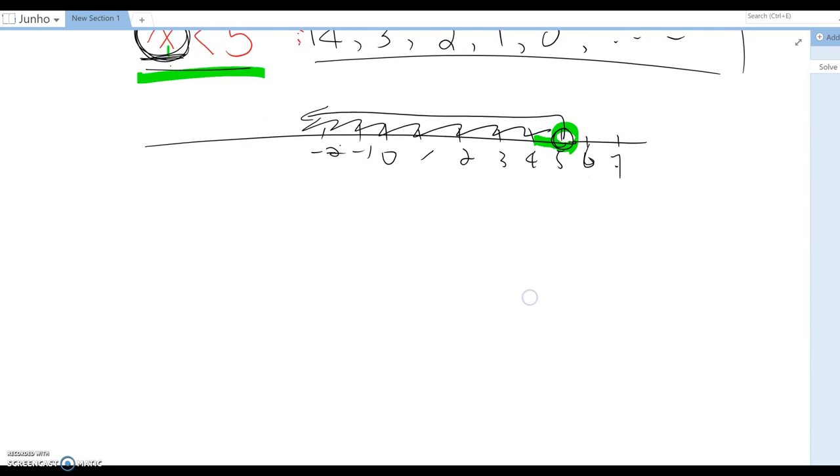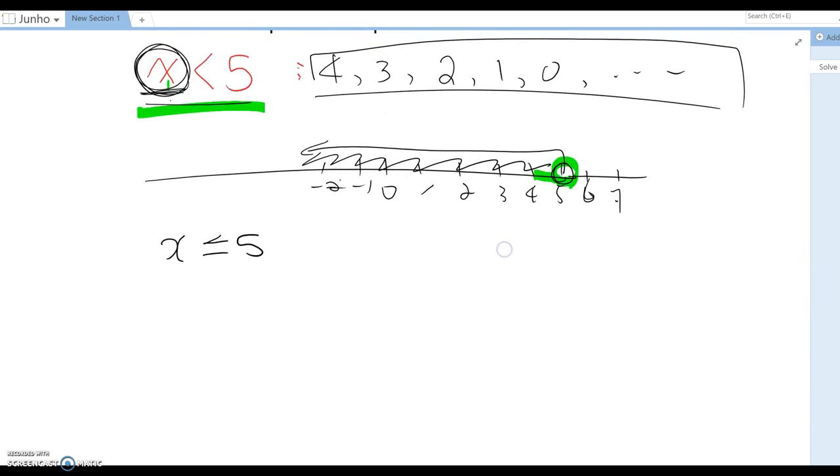However, if the question is x is less than or equal to 5, compare this question and the previous question. The only difference is that this one doesn't have an equal sign, but this one has.